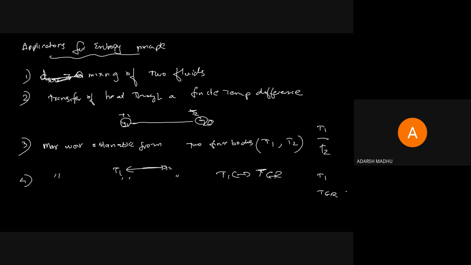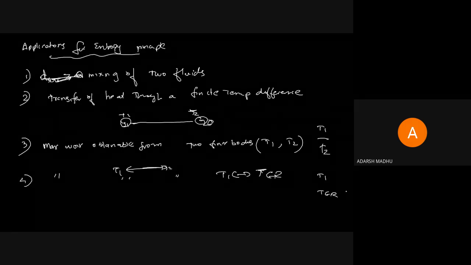Third is maximum work obtainable during heat transfer from T1 to T2. And the last one is the same maximum work done in heat transfer between a temperature T1 and a thermal reservoir, TER. Always greater than or equal to zero.